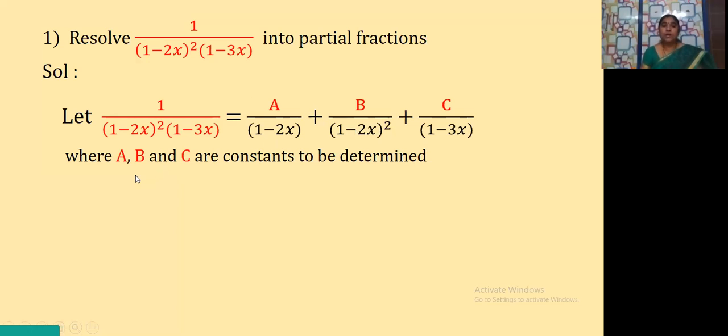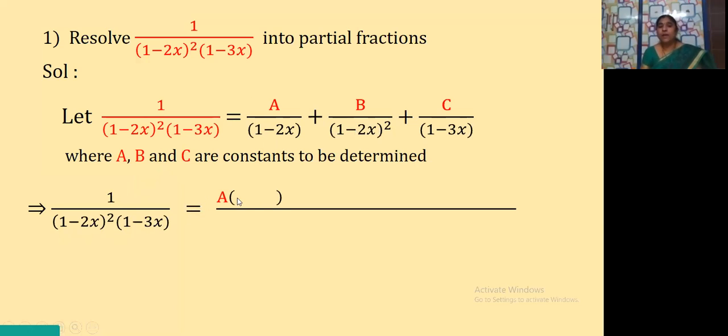So what is the LCM here, children? 1 by (1 minus 2x) whole square into (1 minus 3x) is equal to A into (1 minus 2x) into (1 minus 3x), plus B into (1 minus 3x), plus C into (1 minus 2x) whole square, by the LCM, which is (1 minus 2x) whole square into (1 minus 3x). So this is the LCM part and this is the numerator part.